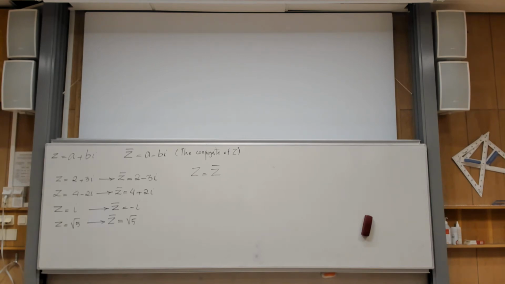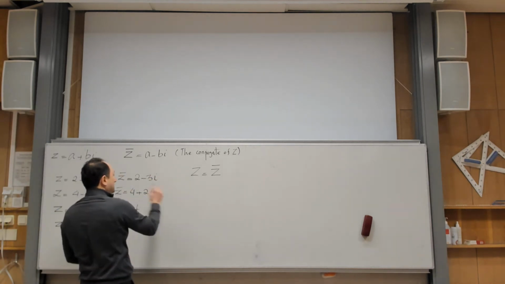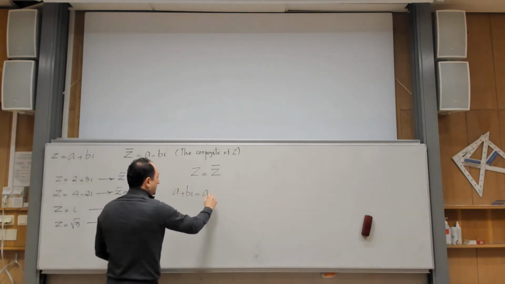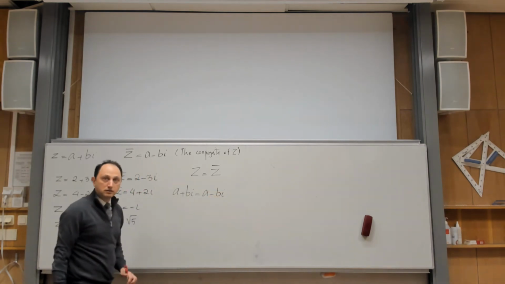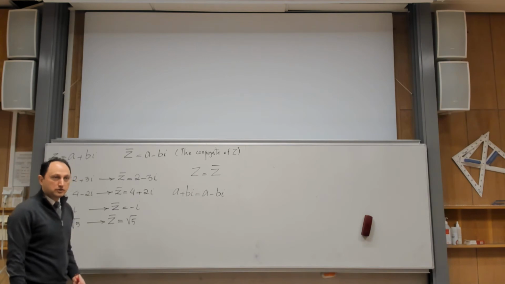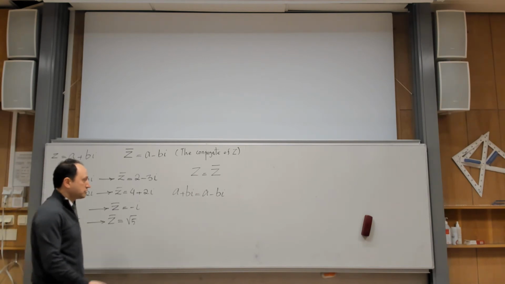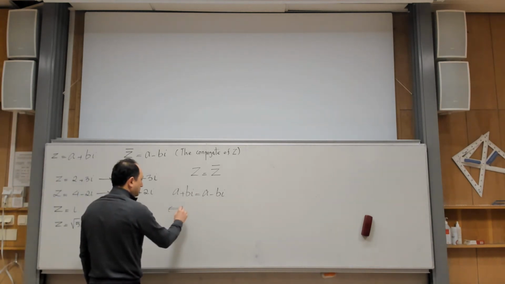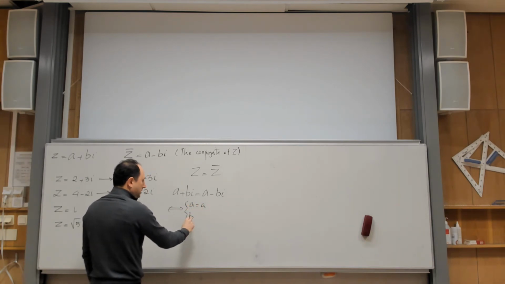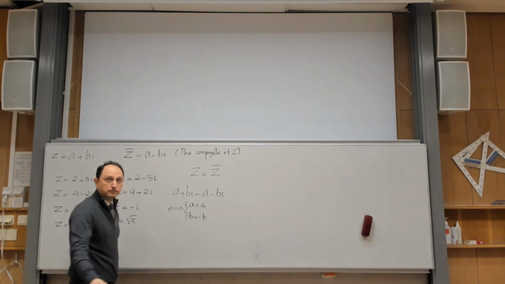But why? Because z is a plus bi, and I am telling you this is equal to a minus bi. But I told you the meaning of equality of complex numbers. It means that the real parts should match, which of course match, and the imaginary parts should match.